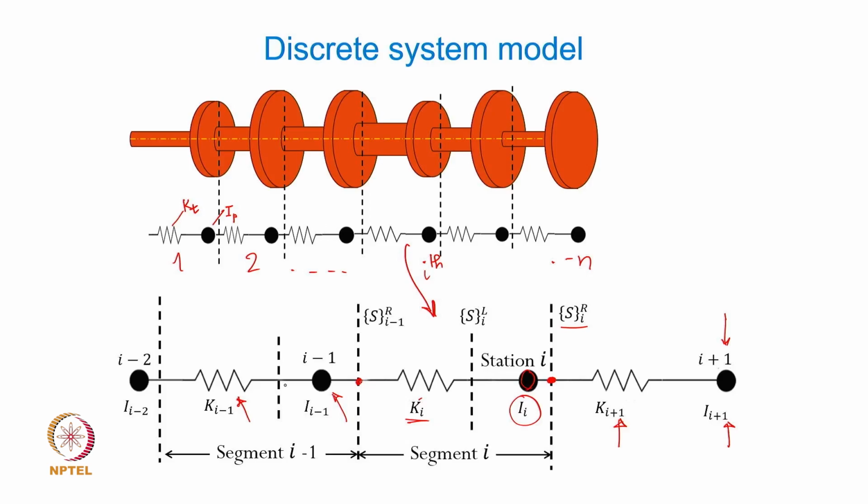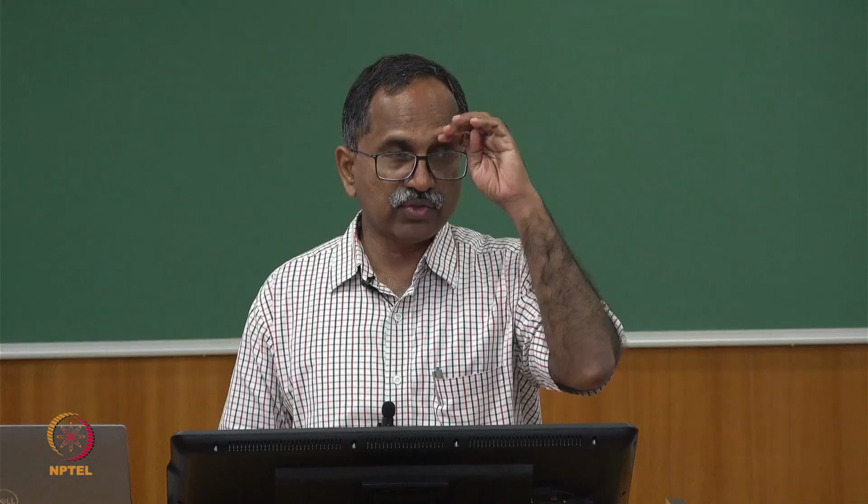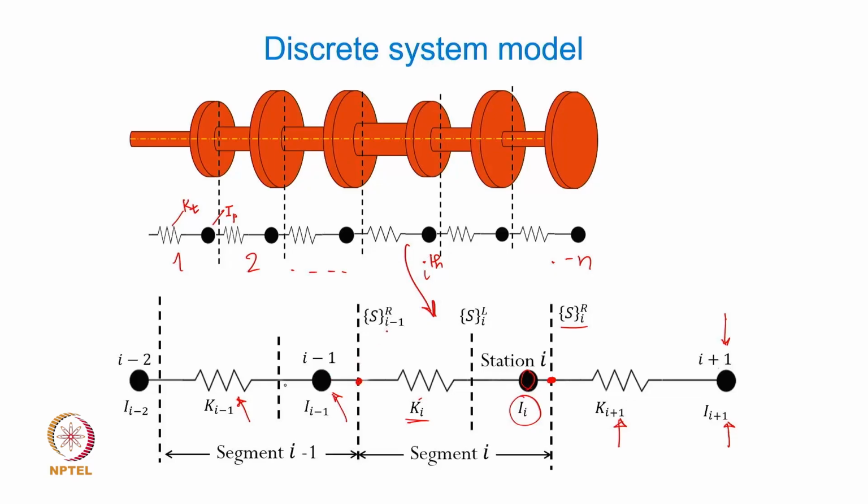So we are attaching the name station to the mass element here. So to the right of the I minus 1th station, the state vector is defined as SR I minus 1.